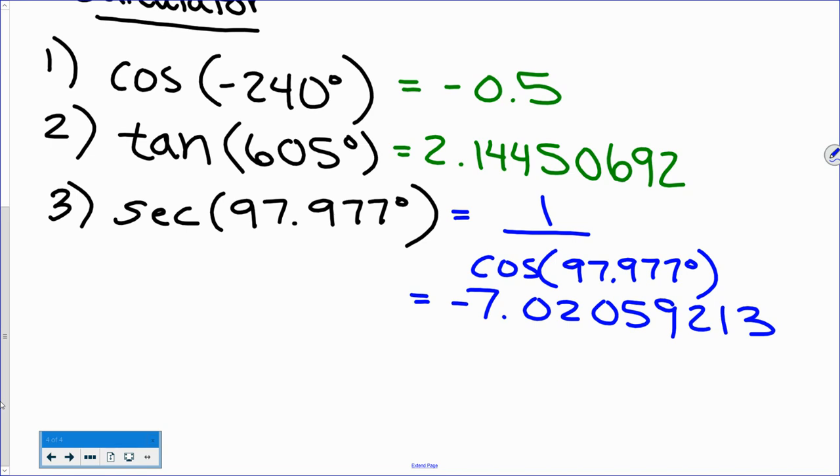Okay, so that's kind of as difficult as it's going to get, if you're given a secant, cosecant, or cotangent, then you would do 1 over that particular trig function's reciprocal function. Okay? It is not the same as an inverse.